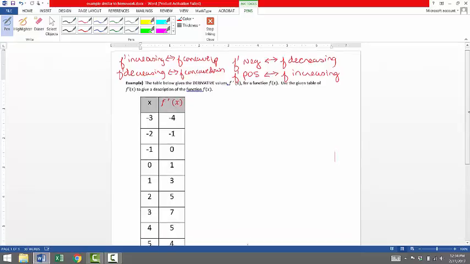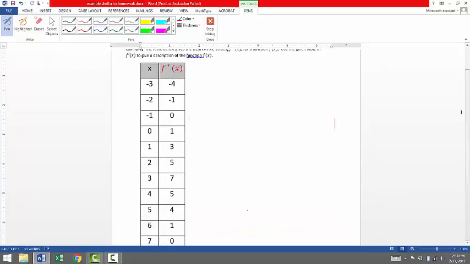My recommendation to help you organize your thoughts is to create 2 more columns added onto this table. I'm going to add a column directly to the right here that tells us the sign of f prime and increasing or decreasing f prime. Notice I'm not just saying sign, increasing, decreasing.